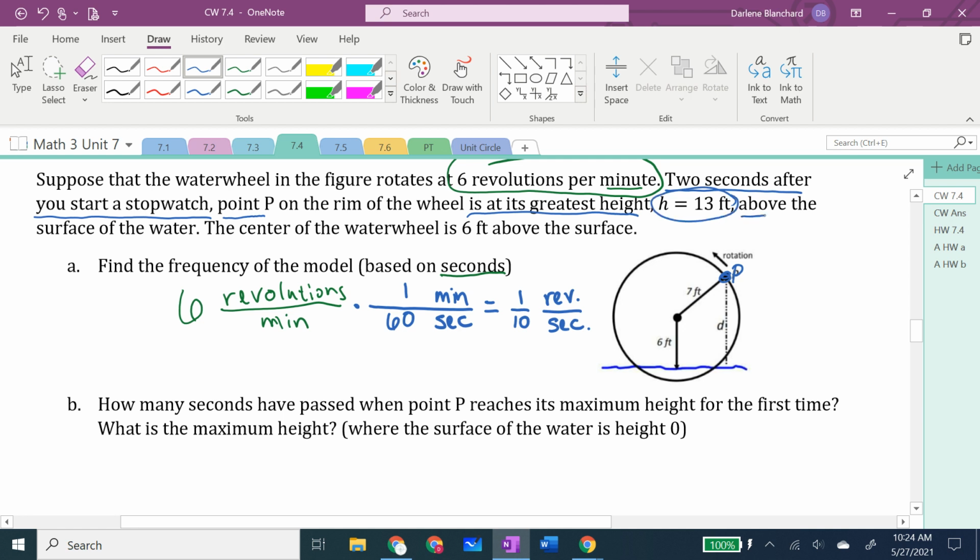But that's 13 feet above the surface of the water. And here is the surface of the water. So how many seconds have passed when P reaches its maximum height for the first time? And that's 2 seconds.